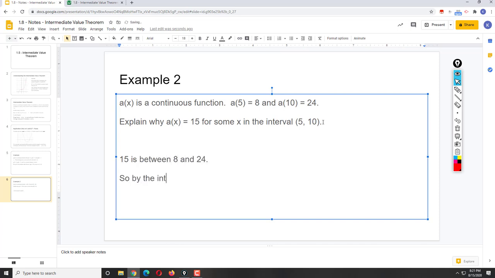So by the intermediate value theorem, there must be some x in the interval 5 to 10, because a of 5 is 8 and a of 10 is 24. That's where the 5 and 10 comes from. Such that a of x is equal to 15. That's it.